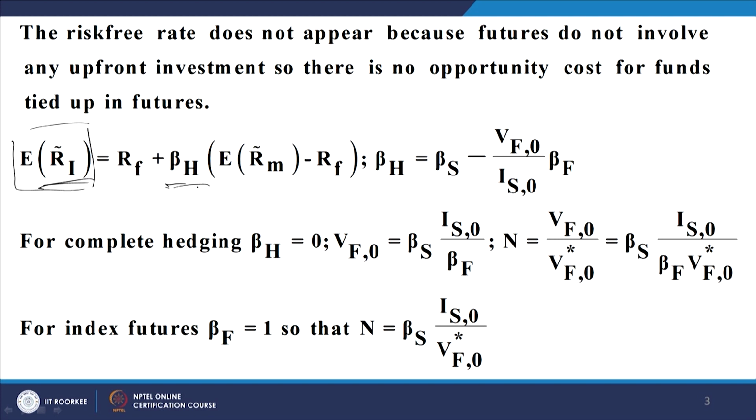which is the beta of the combination of the cash and the hedge position, and we have written it as beta h.